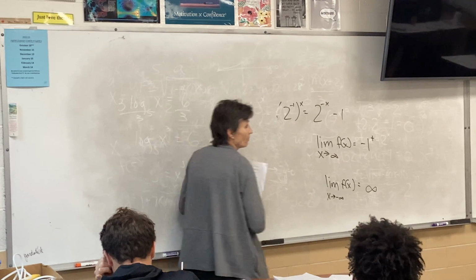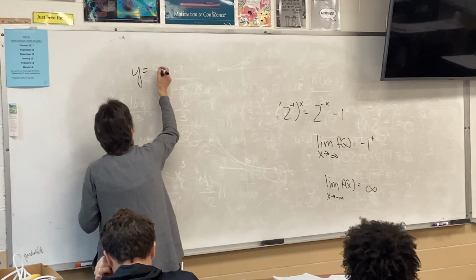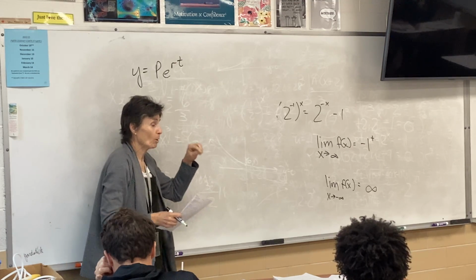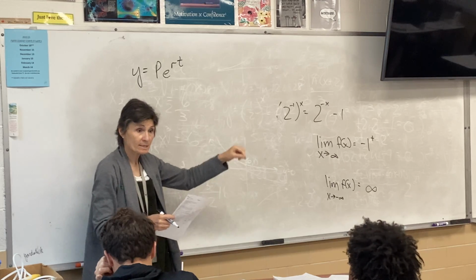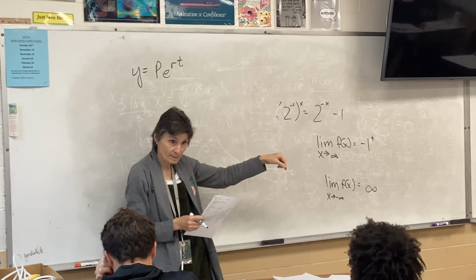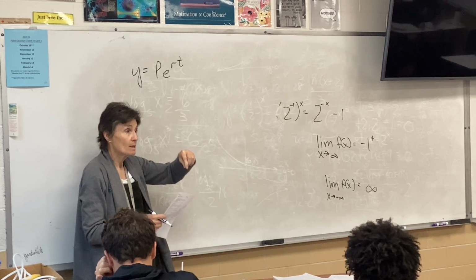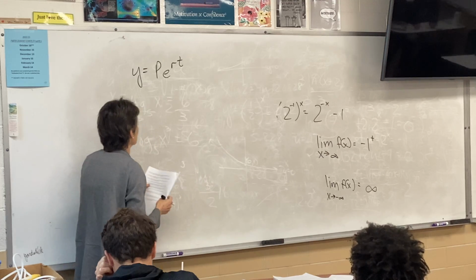All these word problems, it's gonna be PERT. Anytime it's not money, it's gonna be PERT. And in fact, it's PERT in a money problem if the interest is compounded continuously. So PERT can be used in a money problem, but only if the interest is being compounded continuously.